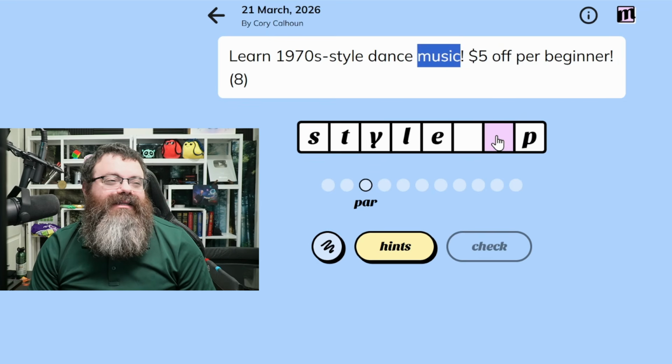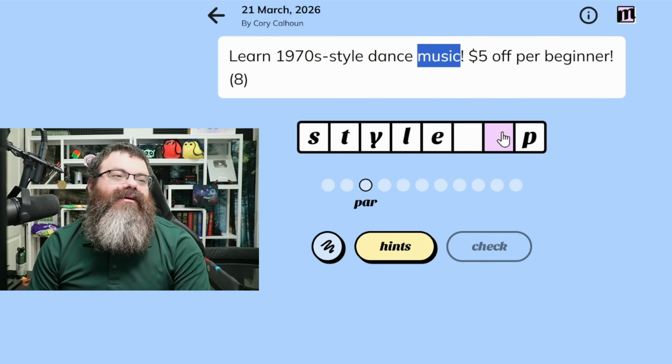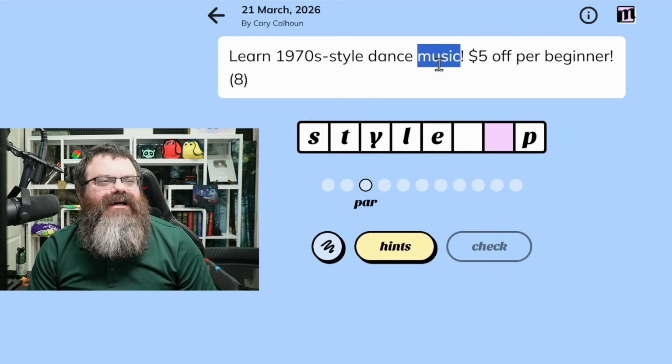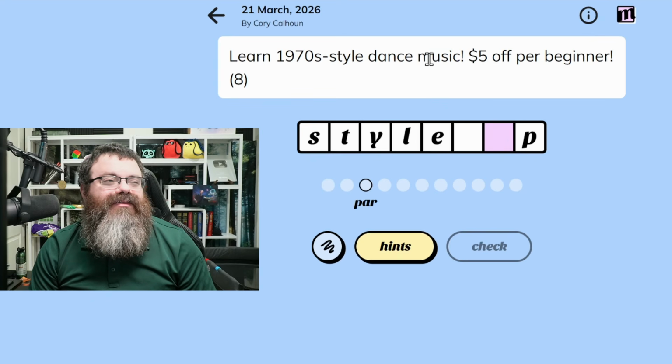We would mean learn 1970s. Just word wise, I feel like this needs to be a vowel. I guess we could end in SP. But what are we removing? What's the $5 off from music? I wish I could see it. I need to remove 3 letters.